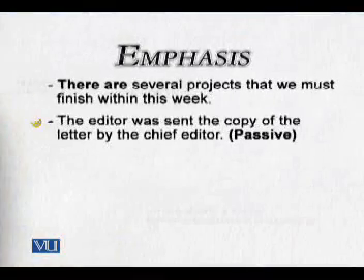So try to use active sentences more. Why active sentences more? Because the actors are the doers of actions. Emphasis should be on the doers of actions, not on the action. Agents should be active. Agent should receive the emphasis, not action. If you see the sentence again, the editor was sent the copy by the chief editor.